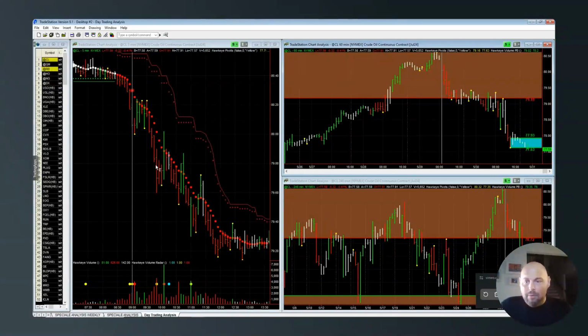All I have to do now is take a look over here at my 5-minute, and is my short-term downtrend beginning to develop? And if it is, can I now isolate an area where I can get short and capitalize on a move here? Everything aligns right here.